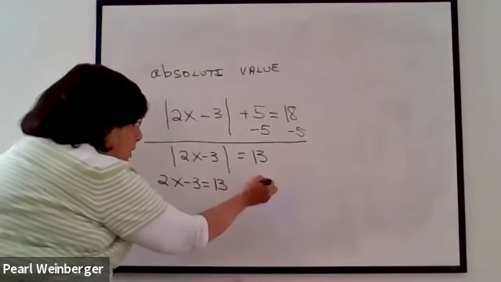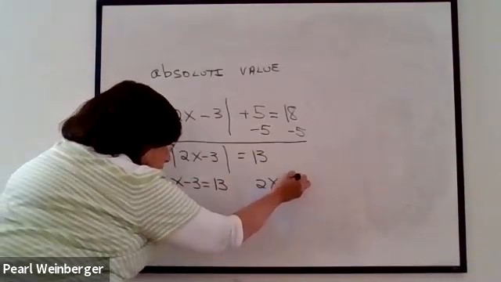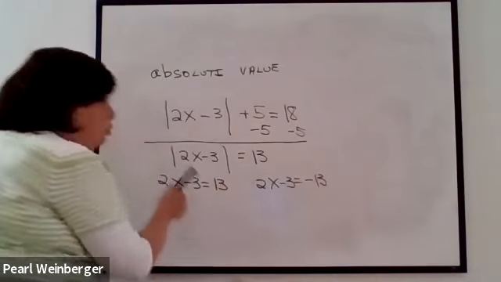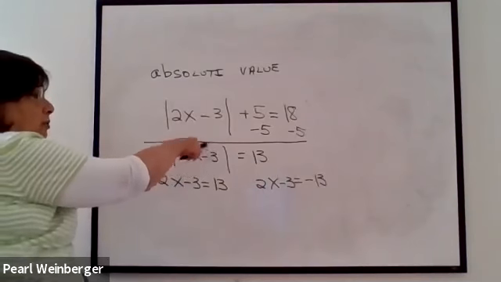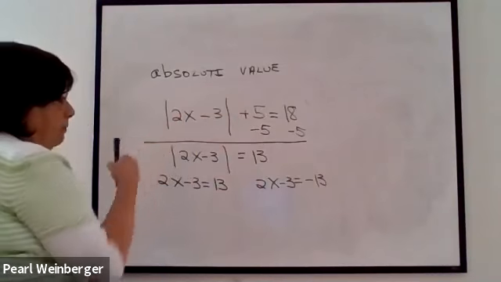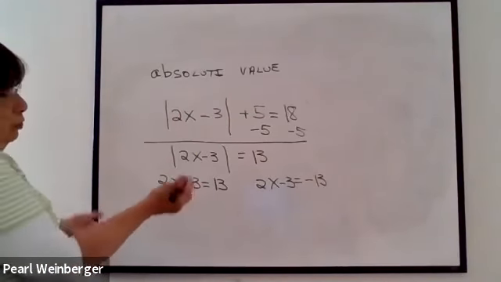Your second equation is 2x minus 3 equaling negative 13. So you get 2 equations by making what's inside your absolute value equal to the positive number and then to the negative number. And you solve these 2 equations.